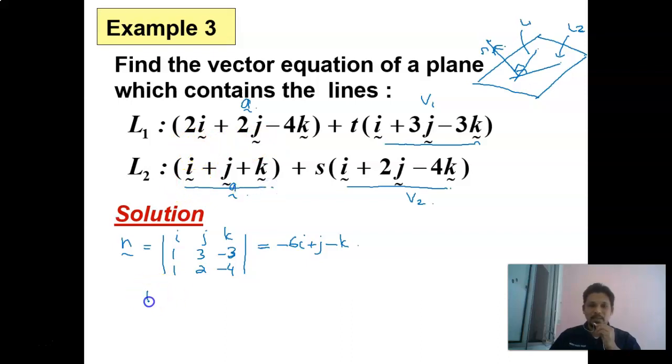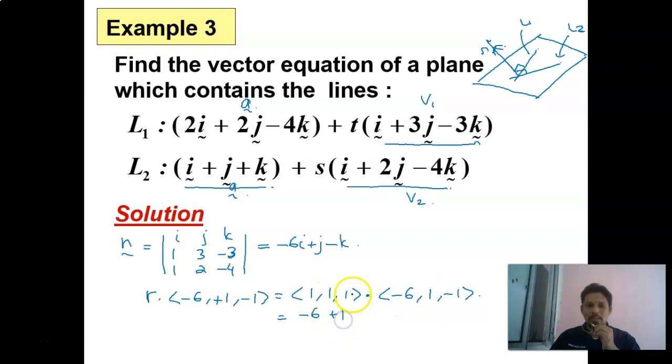Okay, so then r dot n, with n being negative 6, positive 1 and negative 1, equals A, which is 1, 1 and 1, dot product with negative 6, 1 and negative 1. 1 times negative 6 equals negative 6, 1 times 1 equals 1, and 1 times negative 1 equals negative 1. Negative 6 plus 1 is negative 5, minus 1 is negative 6.